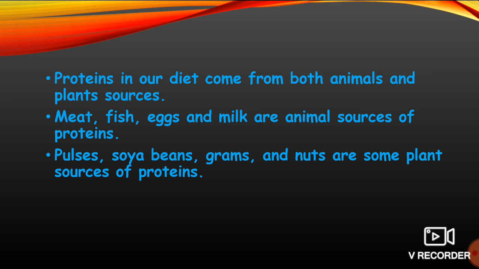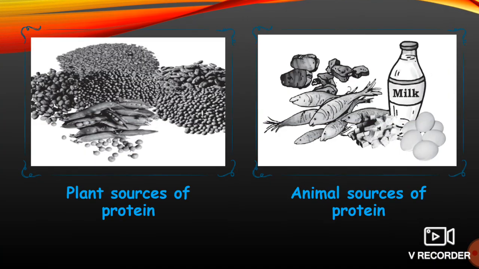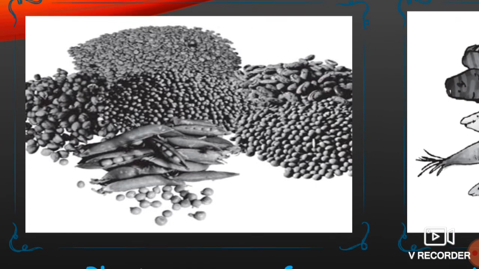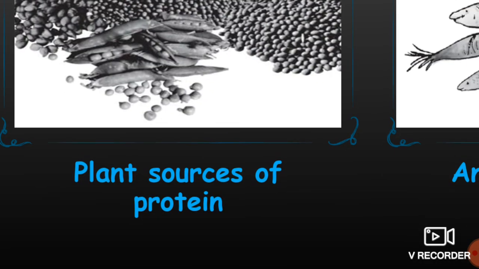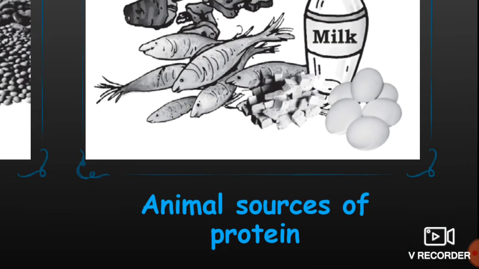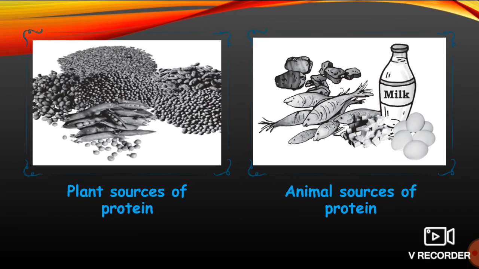So now you are clear about functions of carbohydrate, sources of carbohydrates, functions of fat, sources of fats, functions of protein, and sources of protein. Here you see the plant sources, like a variety of pulses. These pulses are a very good source of protein, or you can say plant proteins. And here are some animal sources of getting proteins.